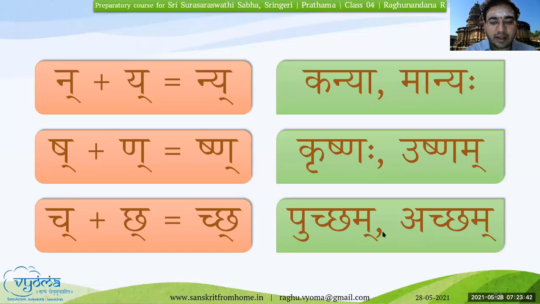Coming to the third example, Ch and Ch, the place of origin is the same. These are the palatals. While pronouncing any Samyuktakshara included word, the letter before the Samyuktakshara will have to be stressed a bit more. Ucham. If you see, while I'm pronouncing, I'm not saying it as Pucham.